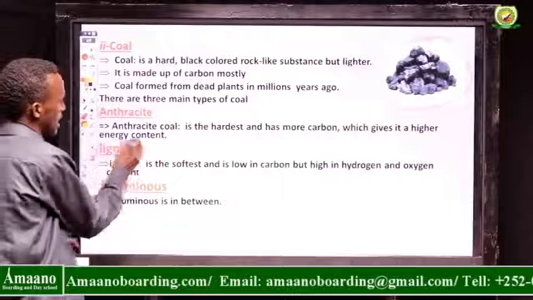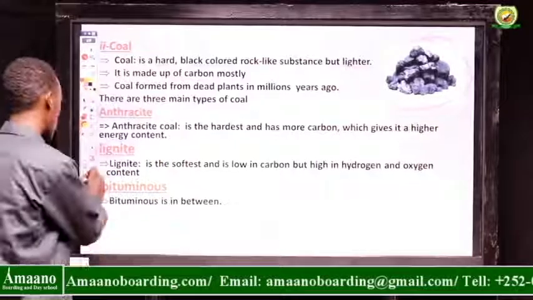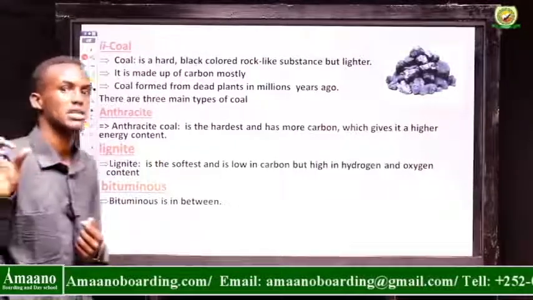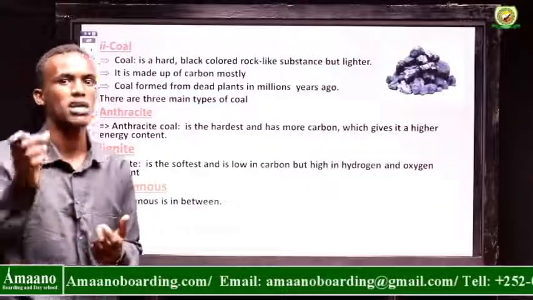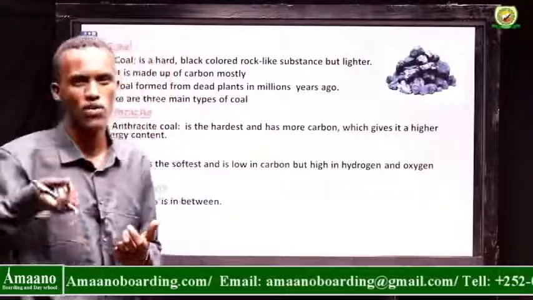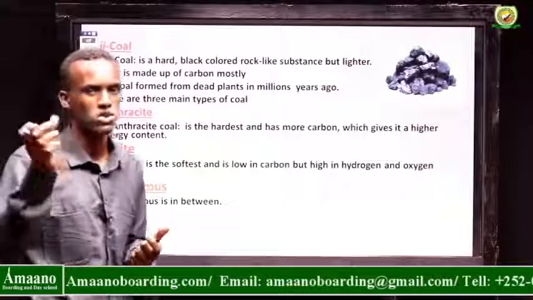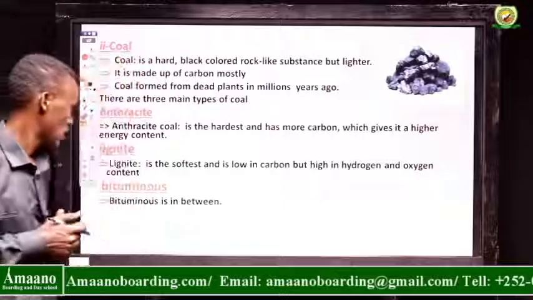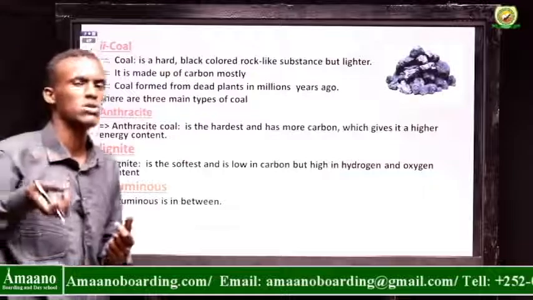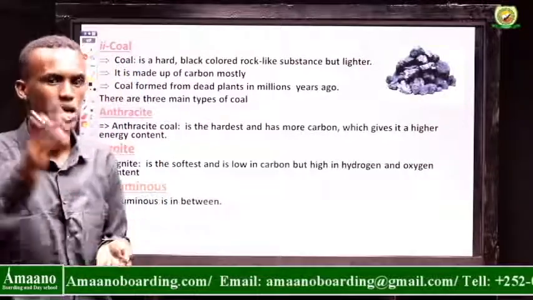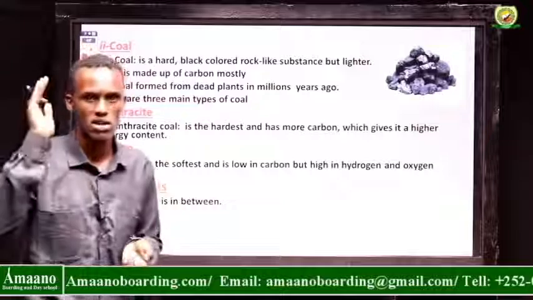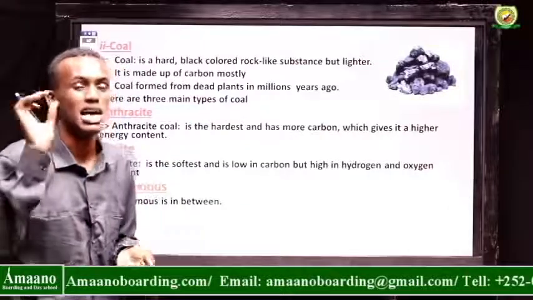Lignite was the first stage. It's a soft coal and contains a small amount of carbon, and also produces less heat when burnt. Bituminous is between lignite and anthracite. The last stage is anthracite.